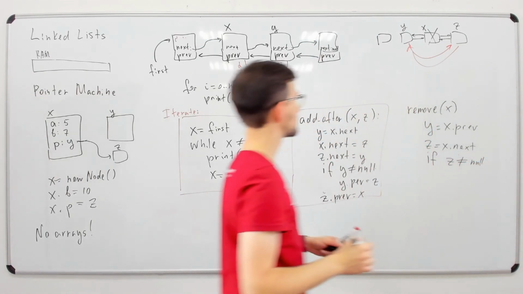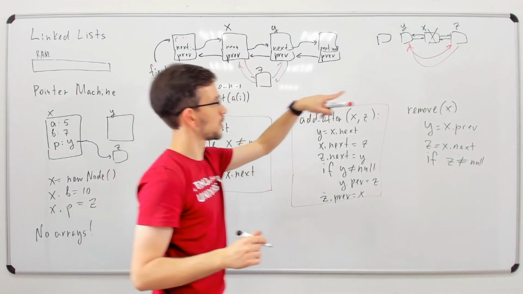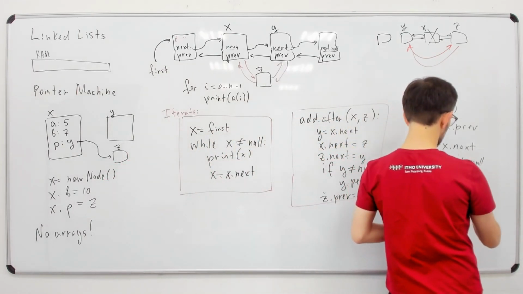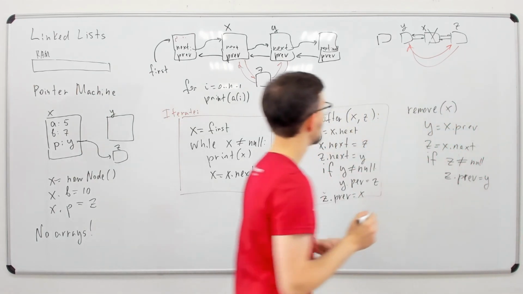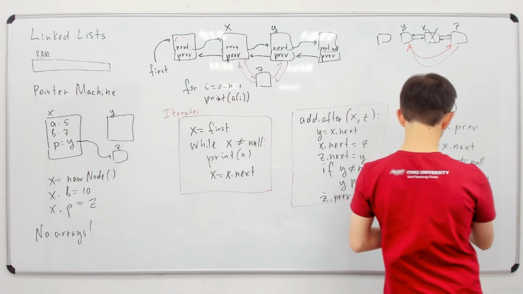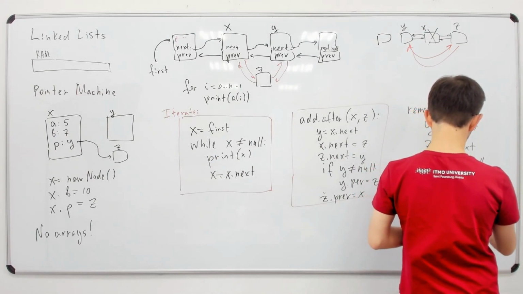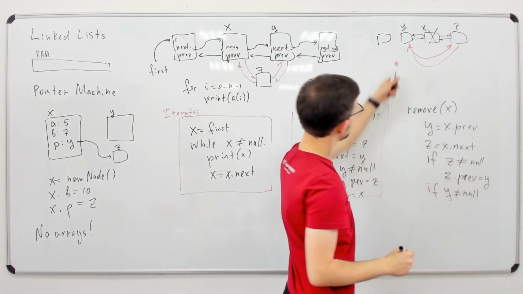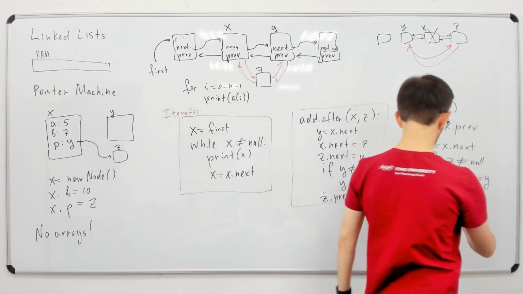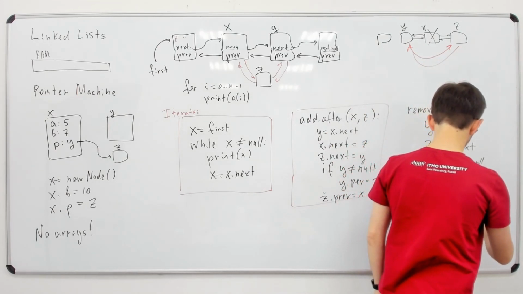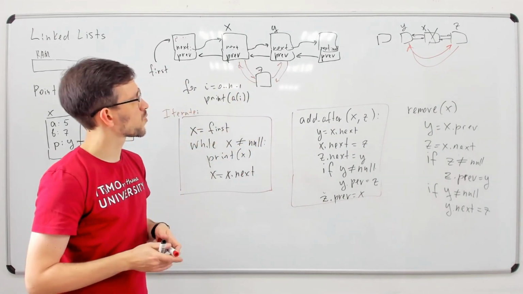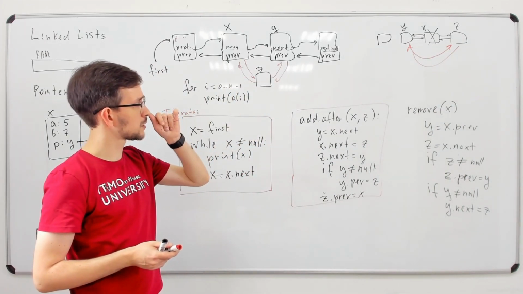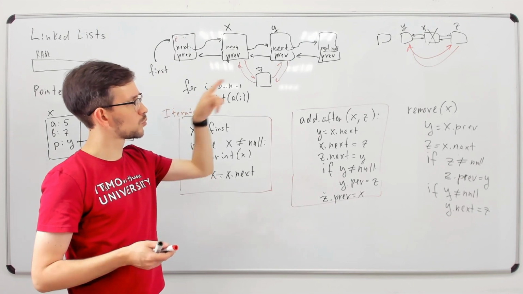If Z is not null, then we put pointer prev to Y. If Y is not null, then we move next pointer to Z. And also, if Y is null, it means that we need to move the first pointer.